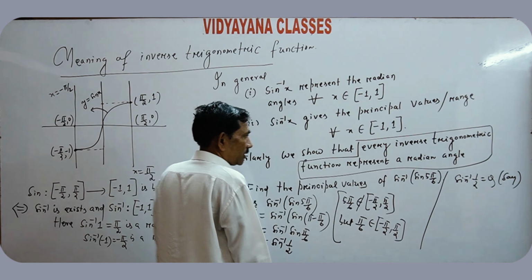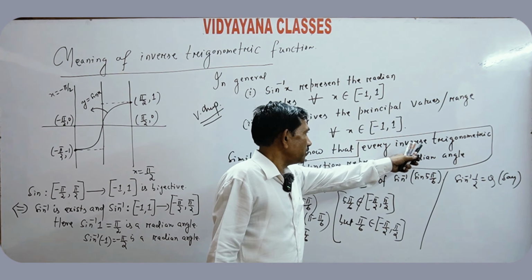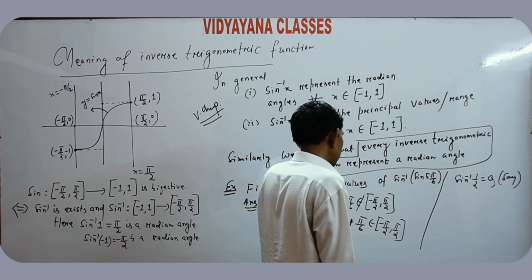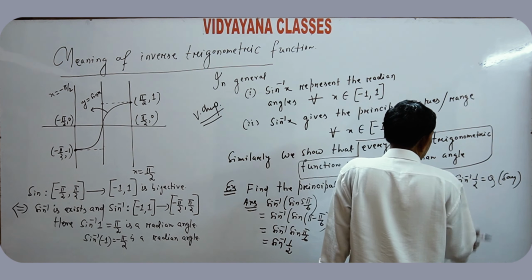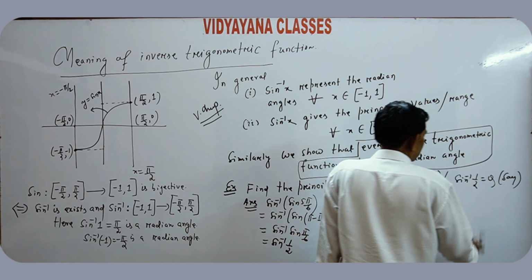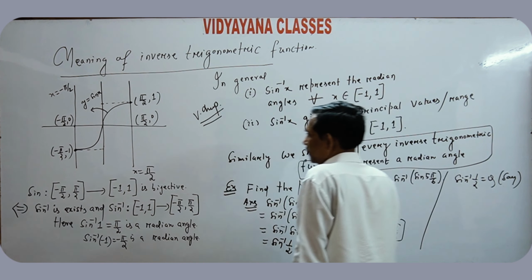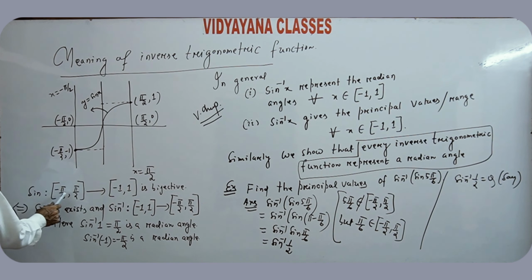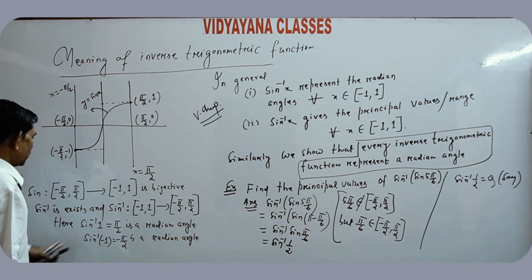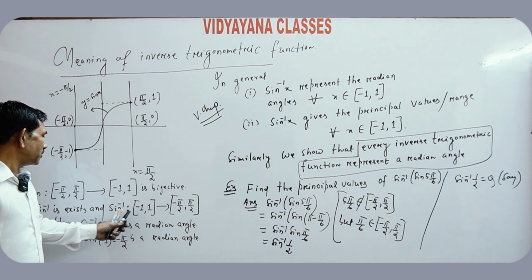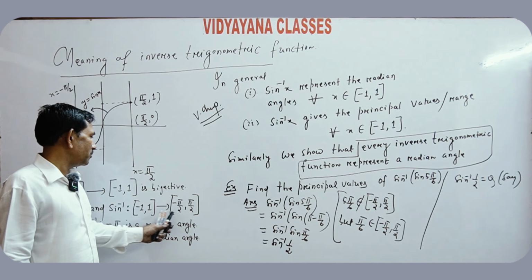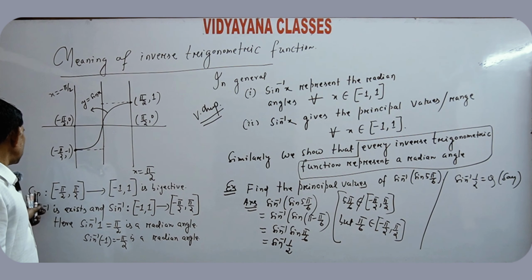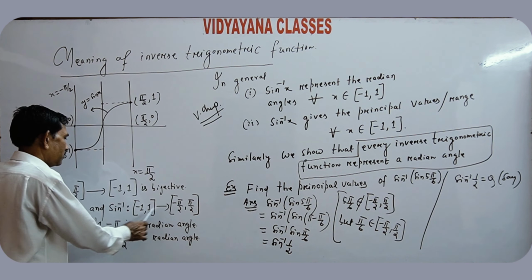What is the value of this? Since sine function is bijective from this set to this set, we can write sin inverse is defined from this set to this set.